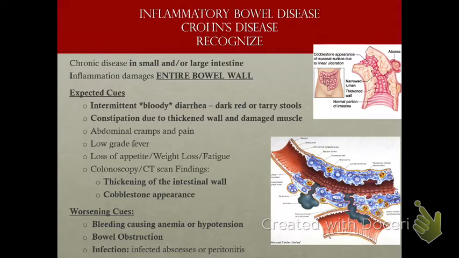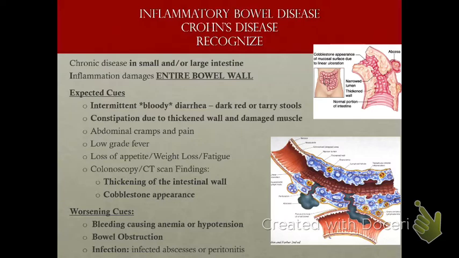What's happening is whatever trigger you have for the autoimmune disease, usually stress is the biggest trigger for an autoimmune disease. So of course, if you have Crohn's disease and you decide to go to nursing school, you probably might trigger yourself into a flare-up. During a flare-up, there is inflammation that is changing your bowel wall.